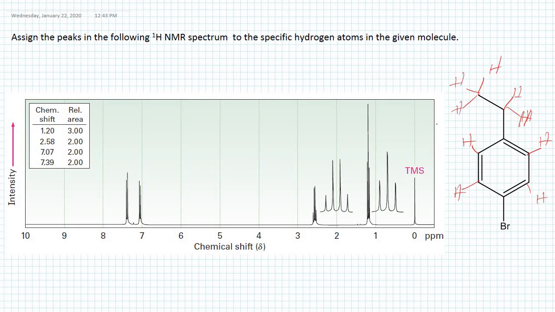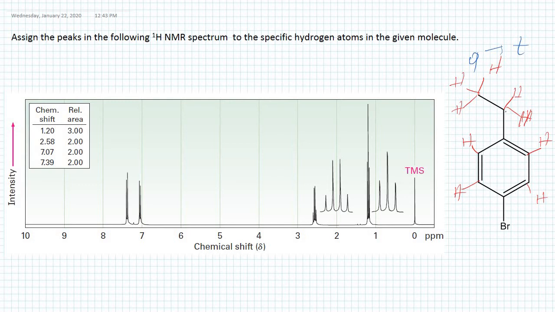So I'll start labeling these hydrogens as A, and the hydrogens in A will split into a triplet because these hydrogens have 2 equivalent neighboring hydrogens or protons. So let's write here A will be a triplet.